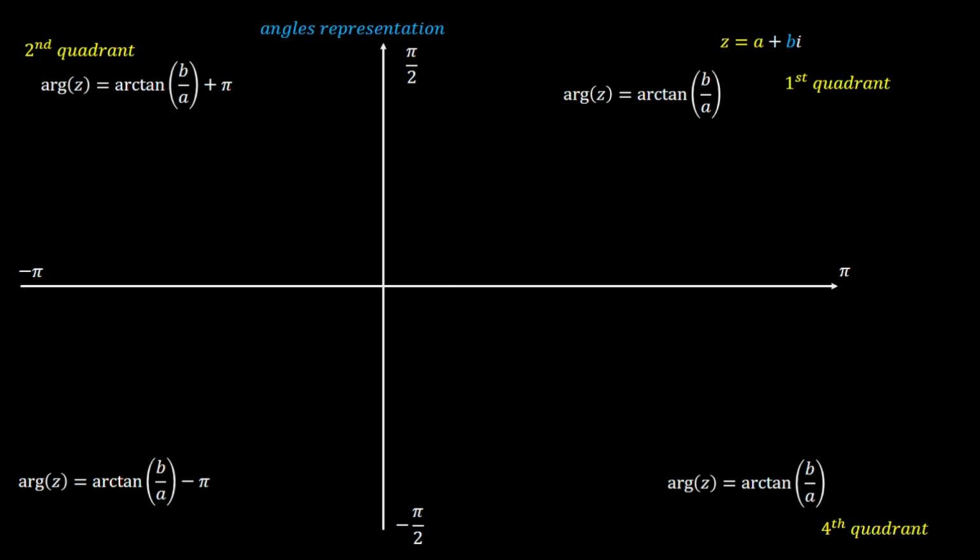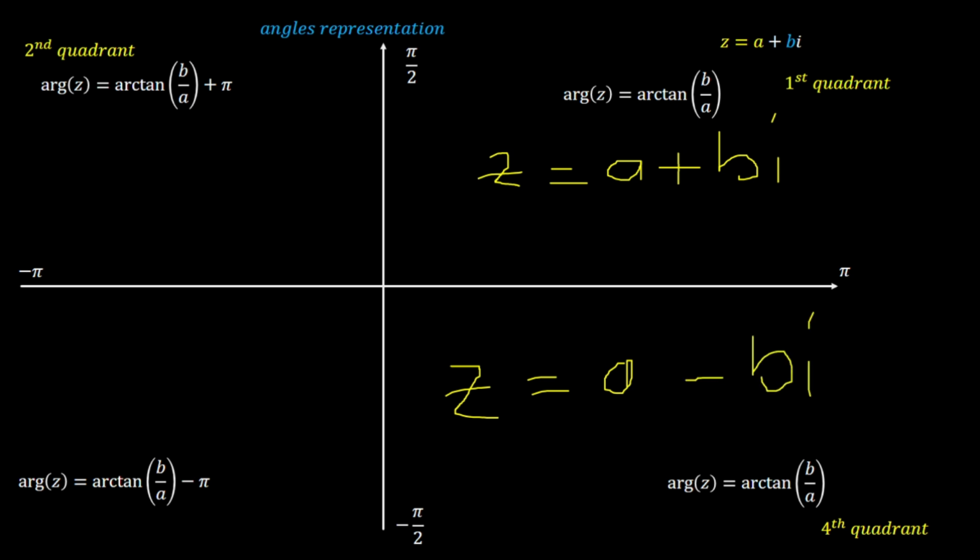Let us therefore write how the equation looks at every quadrant. In the first quadrant, Z is equal to a plus bi. In the fourth quadrant, Z is equal to a, positive, minus bi, with b negative.